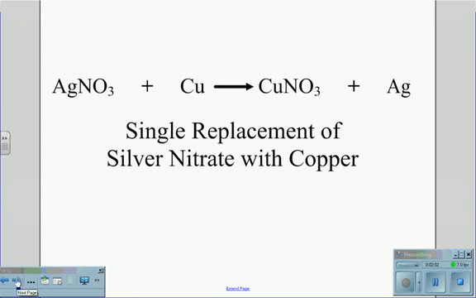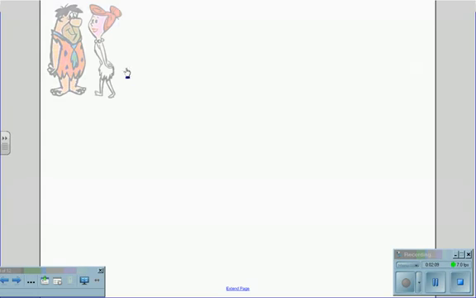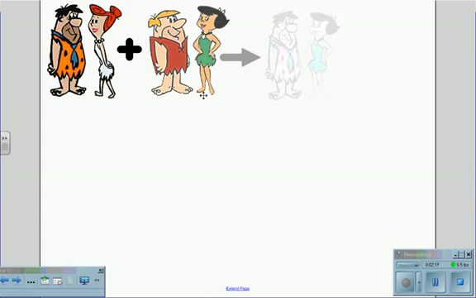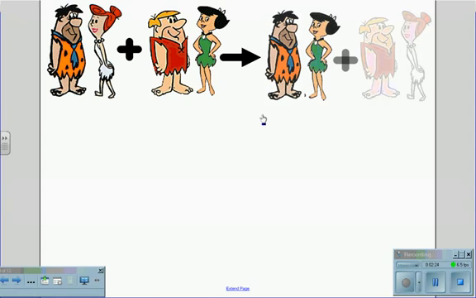silver. And our last type of chemical reaction is a double replacement. That's if the Flintstones went to that same dance, and there they met the Rubbles. And while they were dancing, Fred ended up with Betty, while Barney ended up with Wilma.